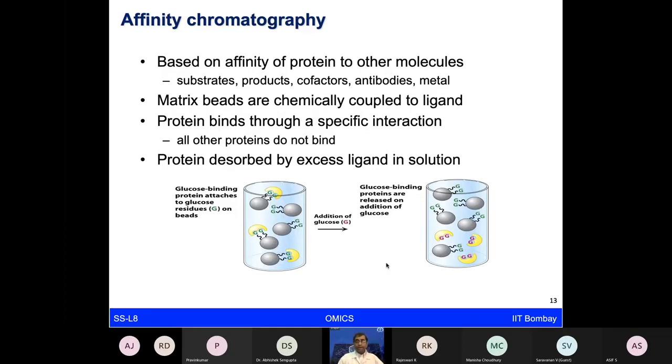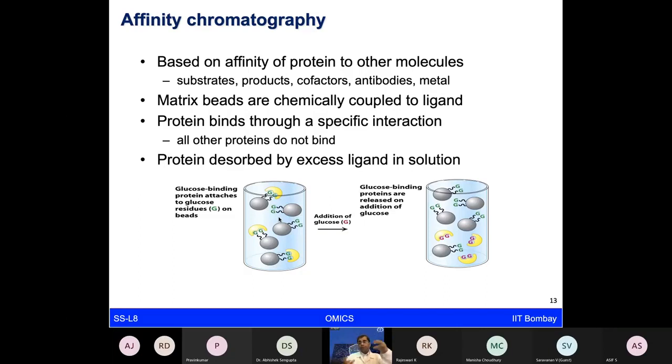In this case, you have a glucose binding protein, which is going to attach to the glucose residues on the beads. Sometimes you take a specific antibody, which is going to bind to a specific protein with the antigen of interest. For many of these, we already have some idea of what specific interaction we are going to utilize, and accordingly you can set up your affinity chromatography column.